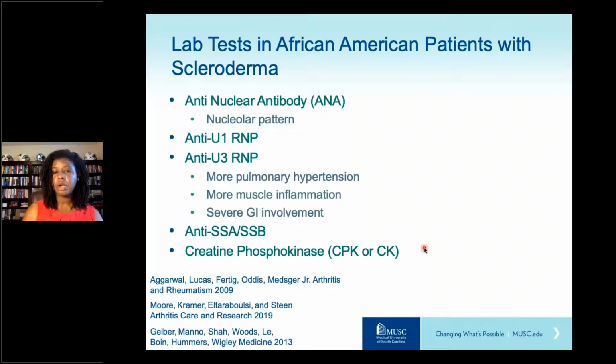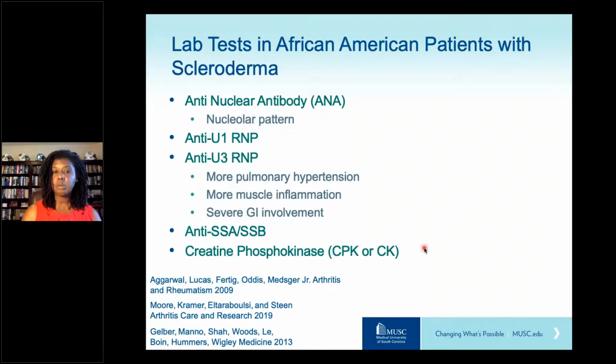African American patients are also more likely to have a high level of creatine phosphokinase, also known as CPK or CK. This is a measurement of your muscle enzymes. And if these are detected at high levels in the blood, that could mean that there is muscle inflammation that is taking place, or myositis.